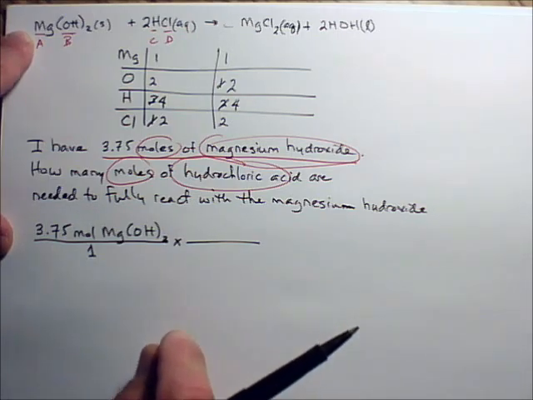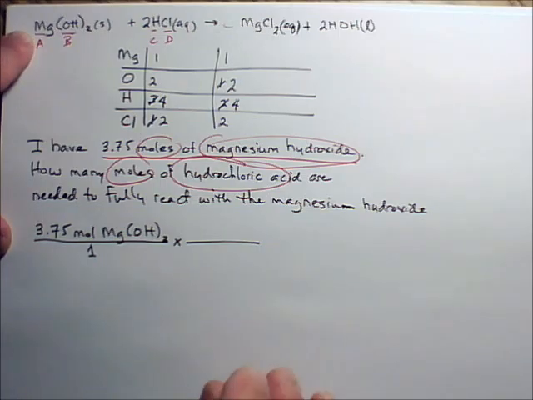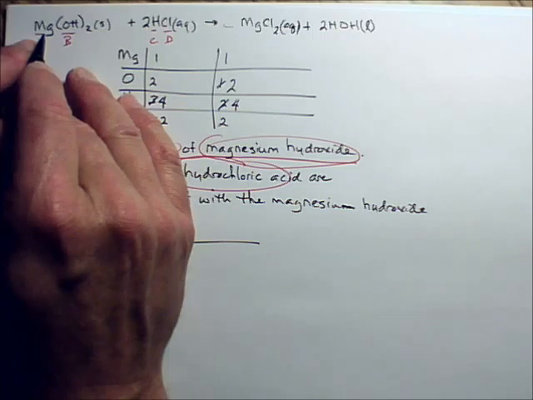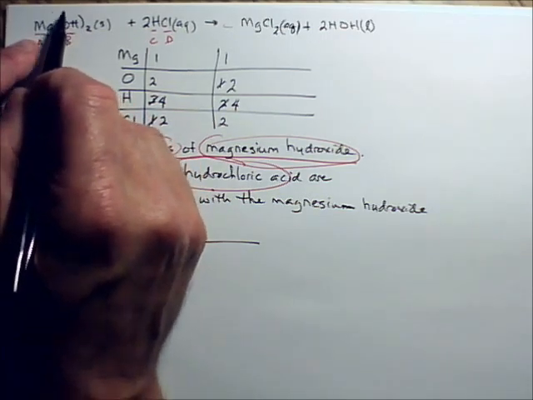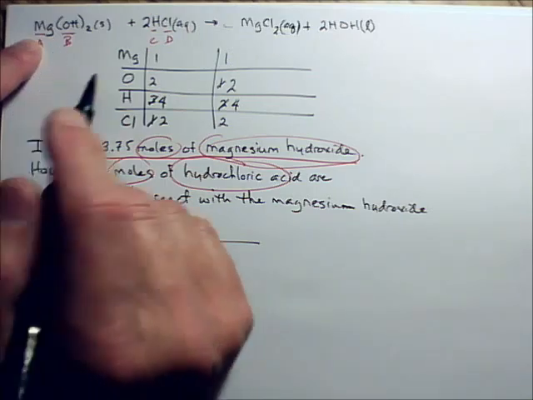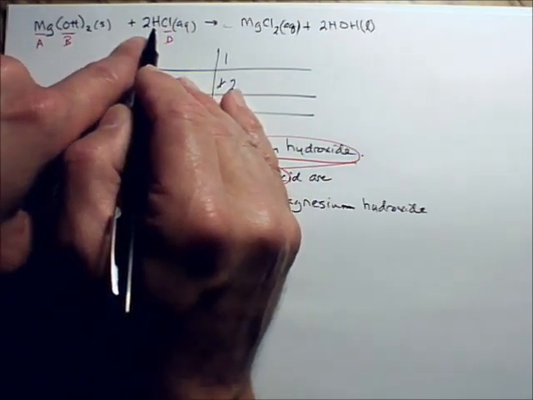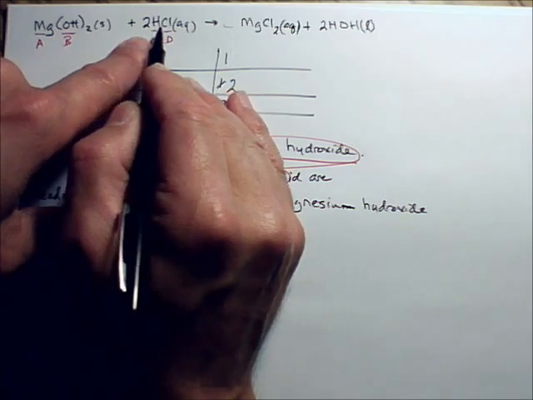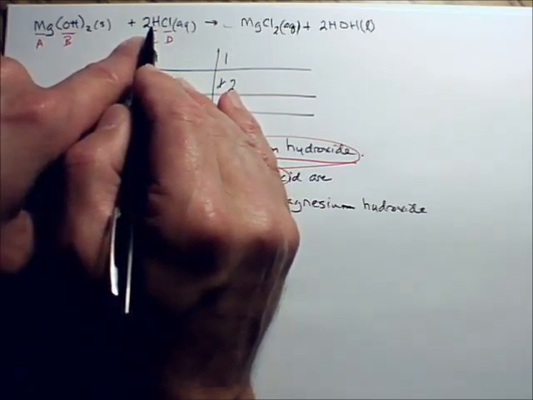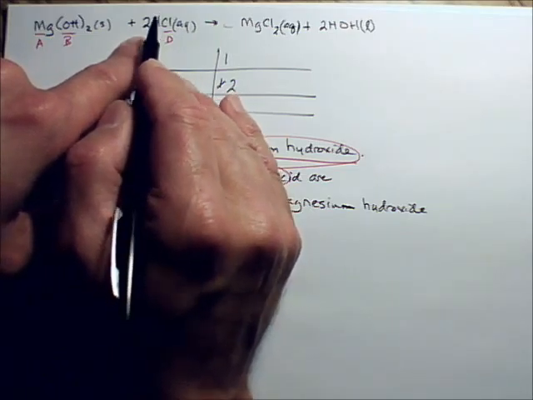Starts with an A. Avogadro's number. There's 6.02 times 10 to the 23rd of these formula units in 1 mole of that. Okay? So for each of these moles, there's 6.02 times 10 to the 23rd formula units of this, right? And I have 2 of them.